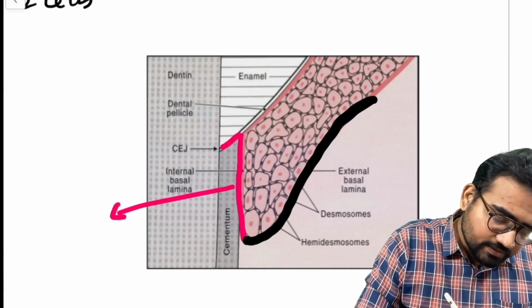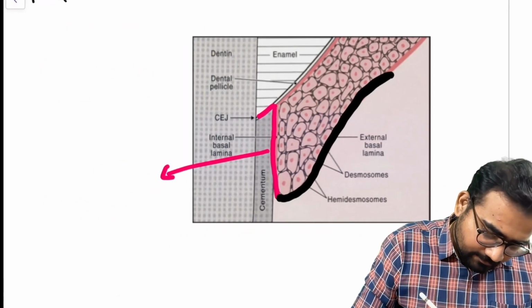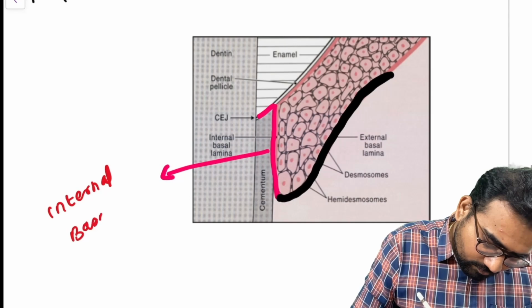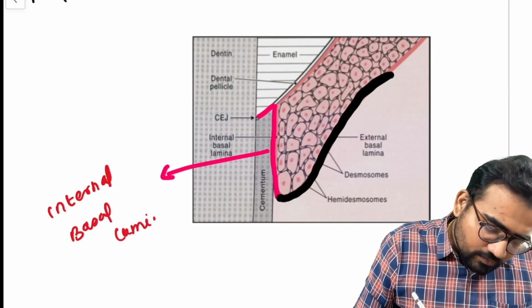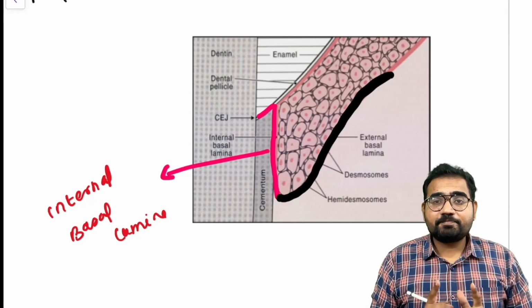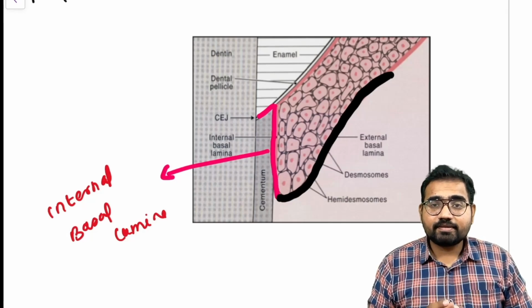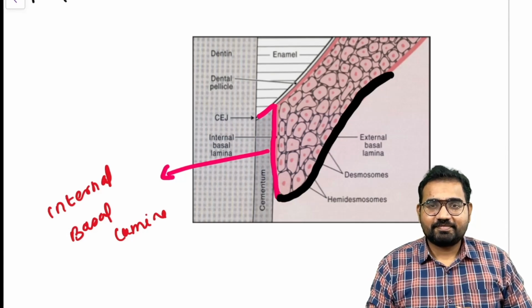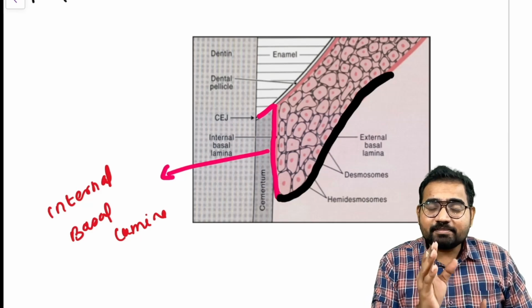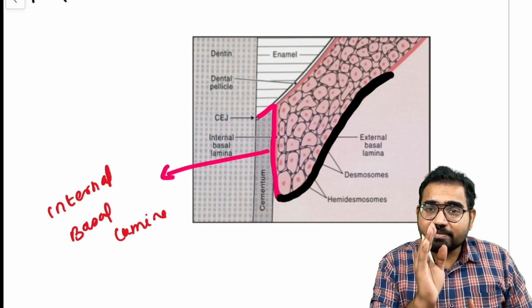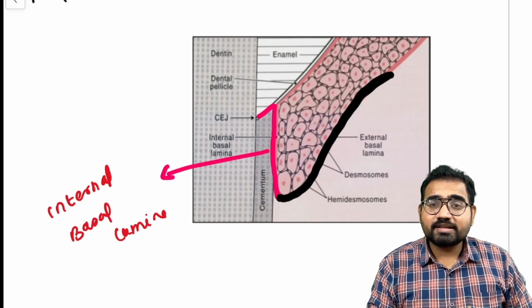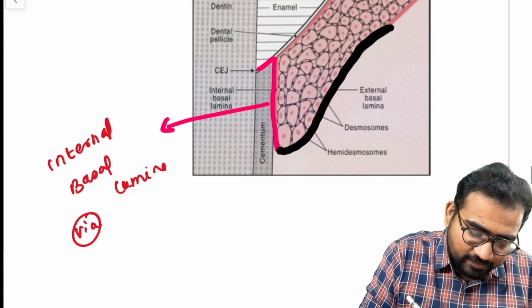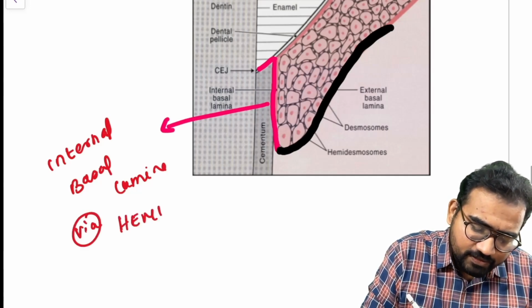The internal basal lamina connects the epithelium to the tooth via hemidesmosomes.